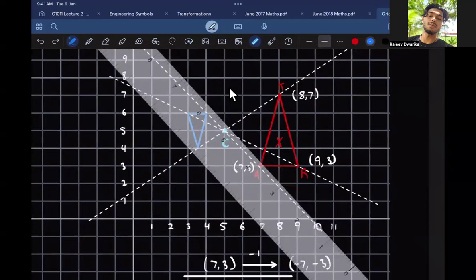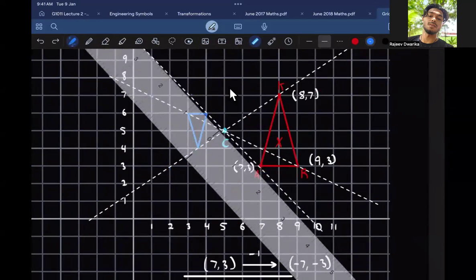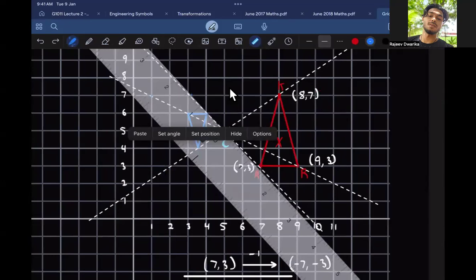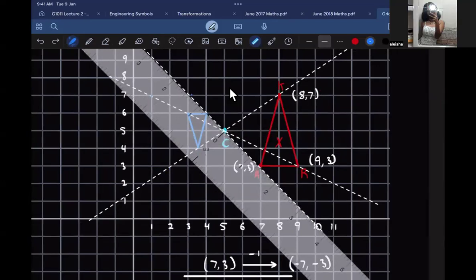So, Alicia, what's the length from here to here? C to A. It was 1.4, right? So it's half of 1.4.